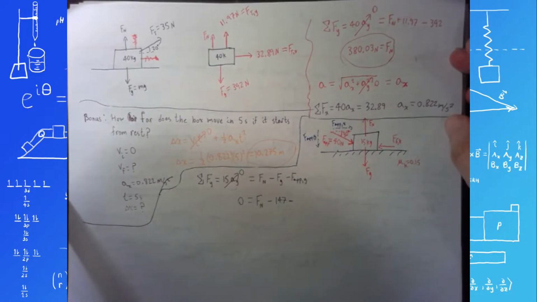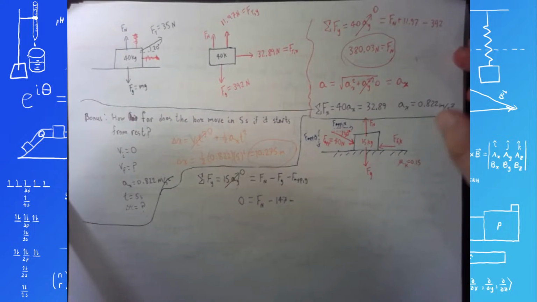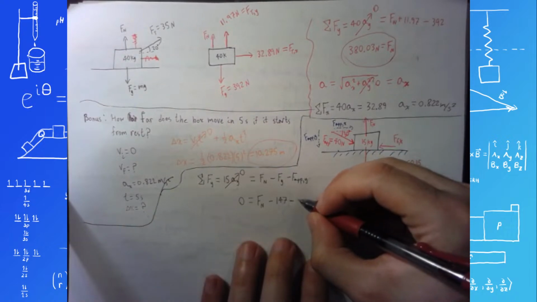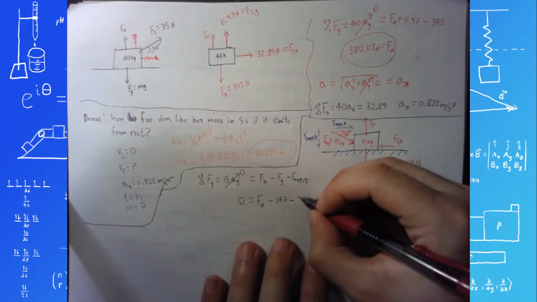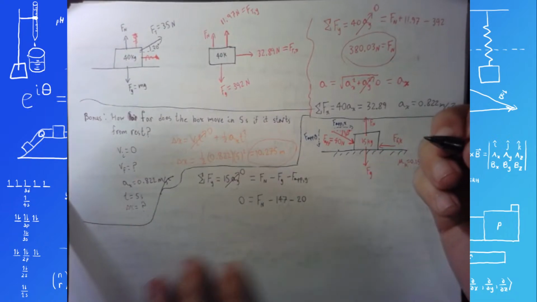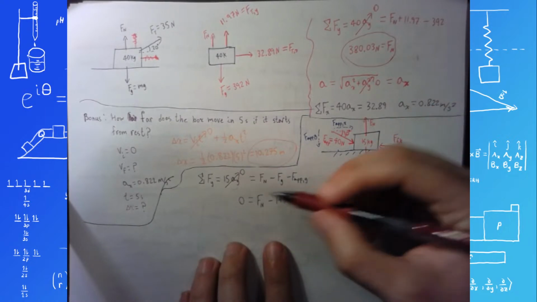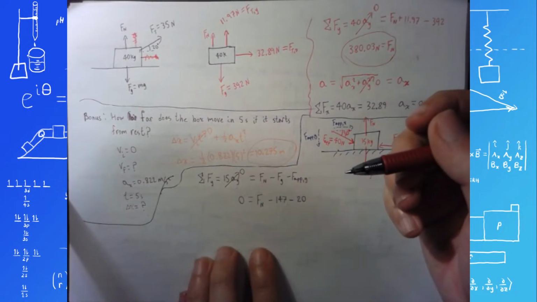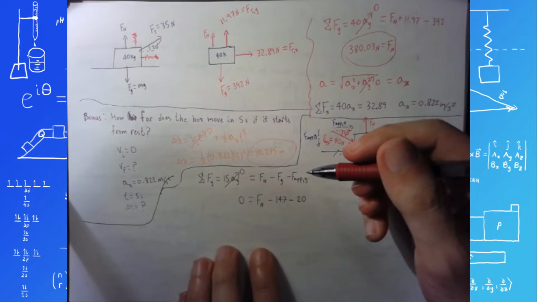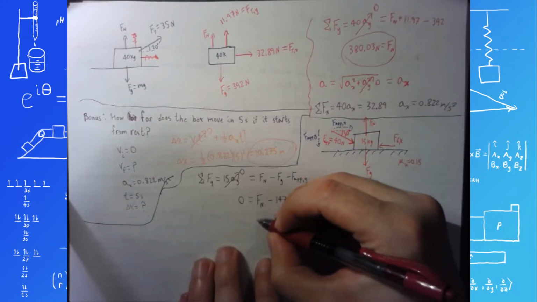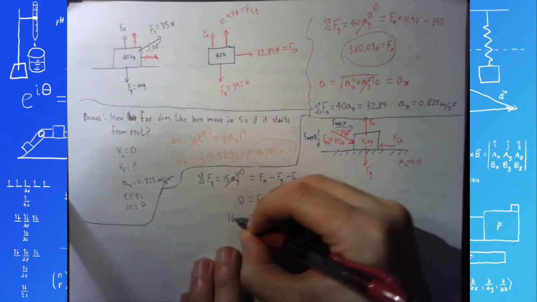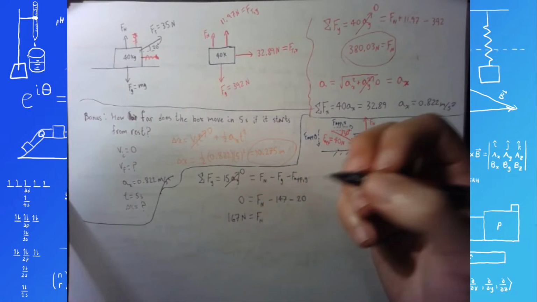So the cosine is going to go with the horizontal, which means the sine is going to go with the vertical. 40 sine of 30. Sine of 30 is 1/2. So 40 times 1/2 is 20. Okay, and that leaves us with a normal force of add 147 and add 20 over to the 0 side. That would be 167. Normal force is equal to 167 newtons.